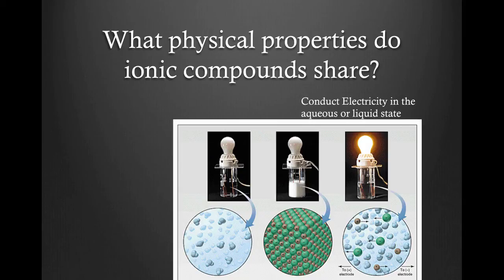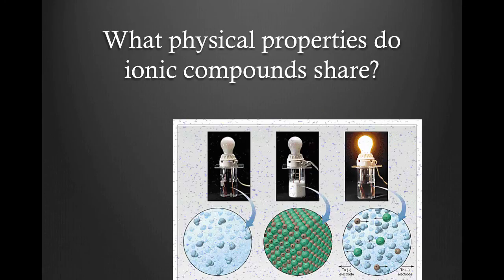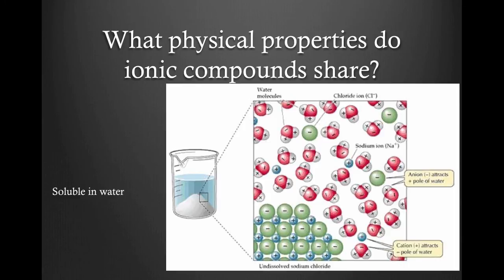This also works if I take the solid lattice and turn it to liquid. Then again, I don't have a rigid lattice structure, but I have moving charges, and then a liquid ionic substance will also conduct electricity.